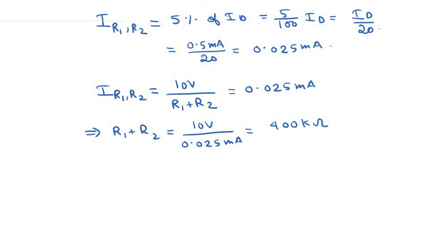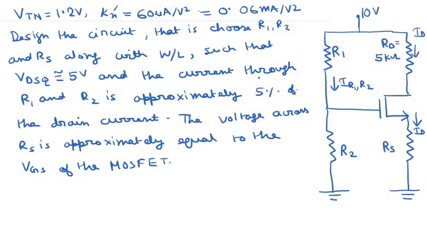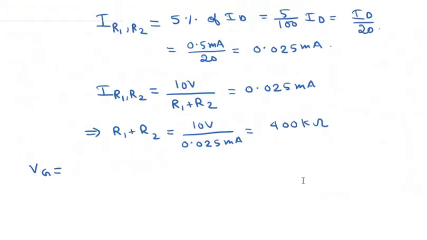Now, the gate voltage VG is the voltage exactly at the junction of R1 and R2. Let me show you the picture again. The voltage at this point is VG, and VG is equal to R2 into 10 volts divided by R1 plus R2.